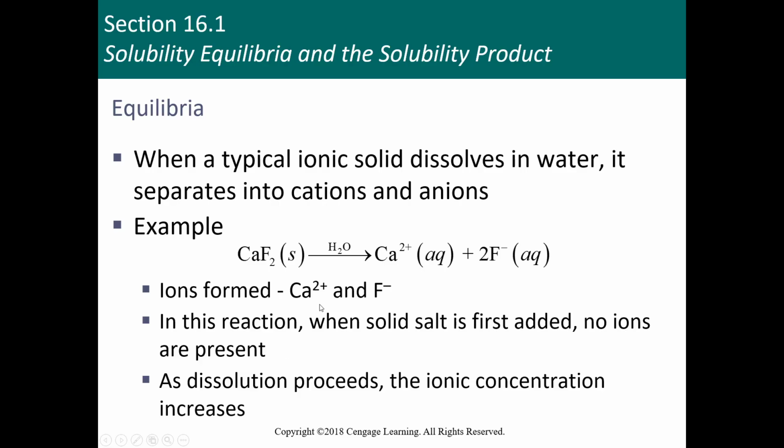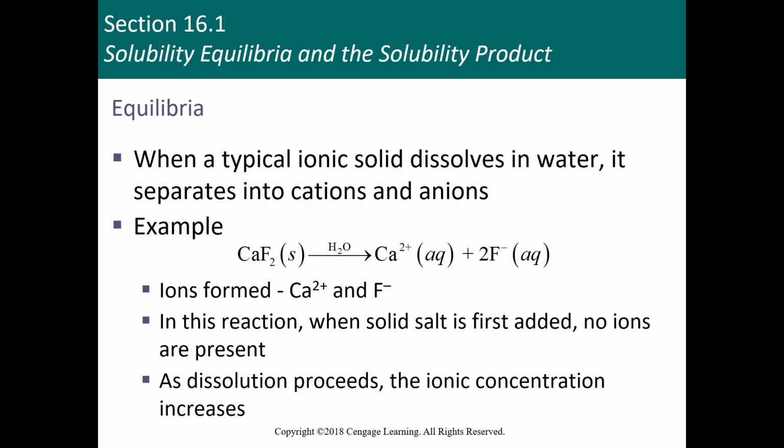So the ions that are formed whenever you dissolve calcium fluoride are calcium and fluoride, right? For each calcium fluoride that we dissolve, we will make 3 of these ions: 1 calcium, 2 fluorides. In this reaction, when the solid salt is first added, there will be no ions present.